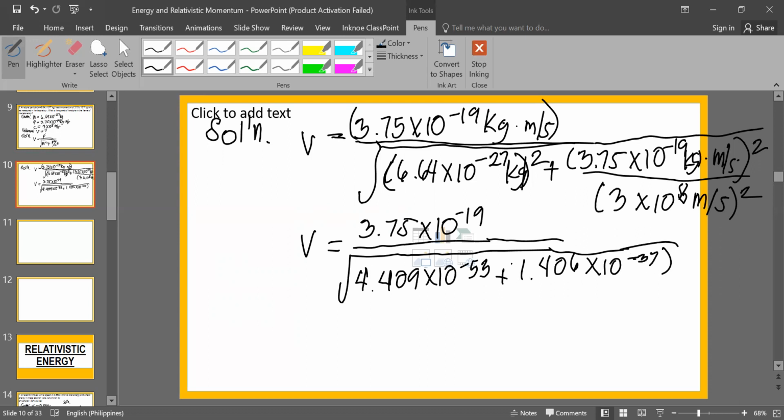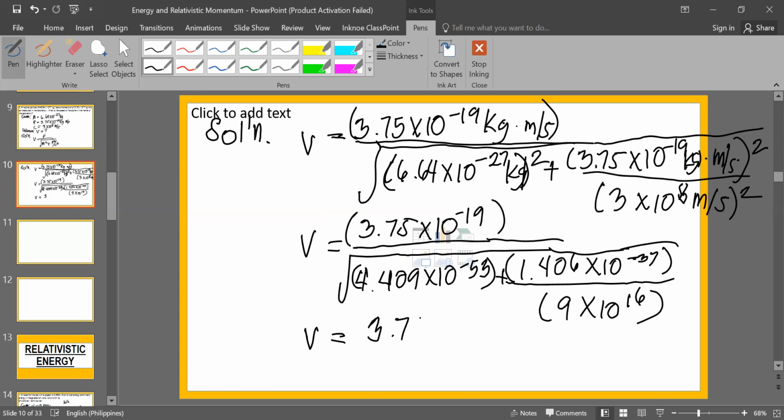Close and open parenthesis. O lahat na lang yan, lagyan natin ng close and open parenthesis, exponent yan yung negative 53 na yan. All over by yung square ng speed of light, 3 times 10 raised to 8, square mo yan, this will be equal sa 9 times 10 raised to 16. Ayan. So further manipulation, 3.75 times 10 raised to negative 19 quantity square root.